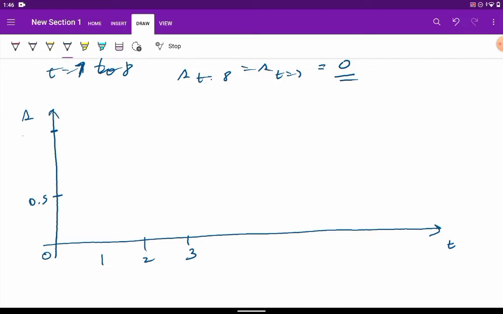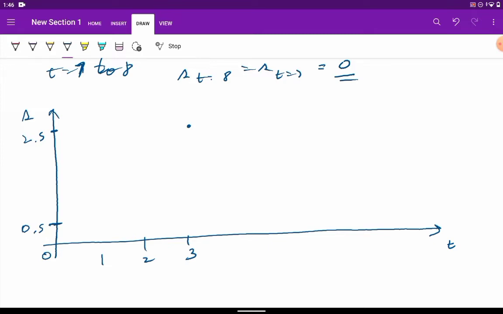So this is 2.5, let's say, and of course 0.5. Let's draw it as much to scale as possible. So this is 0.5, which makes much more sense.